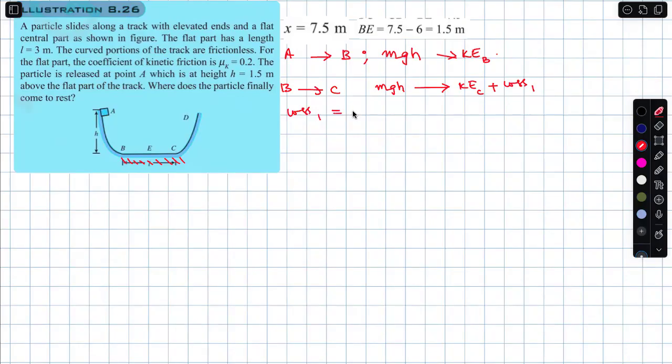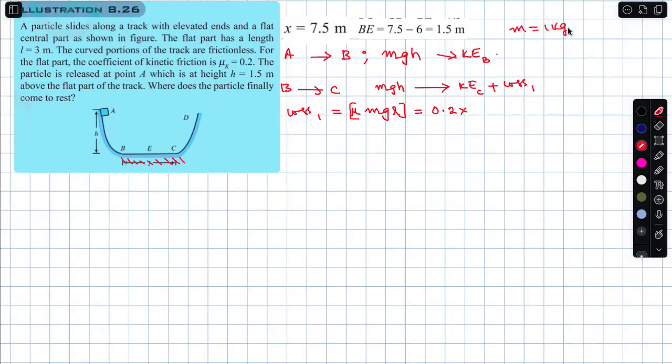This is nothing but, don't write minus here. Already mentioned loss: mu mg, the length of the path is 3L. This is the last part, which is nothing but 0.2 into m. What is the mass? Let us take m as 1 unit.